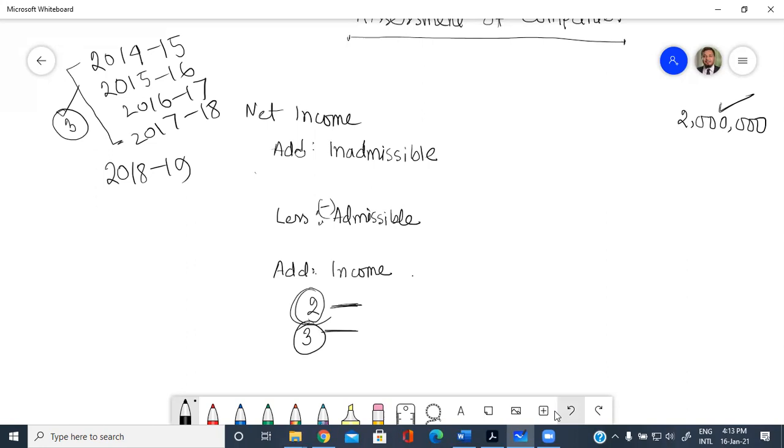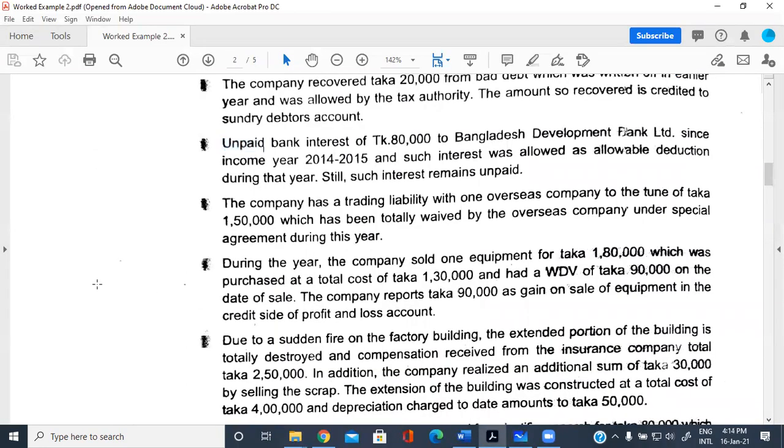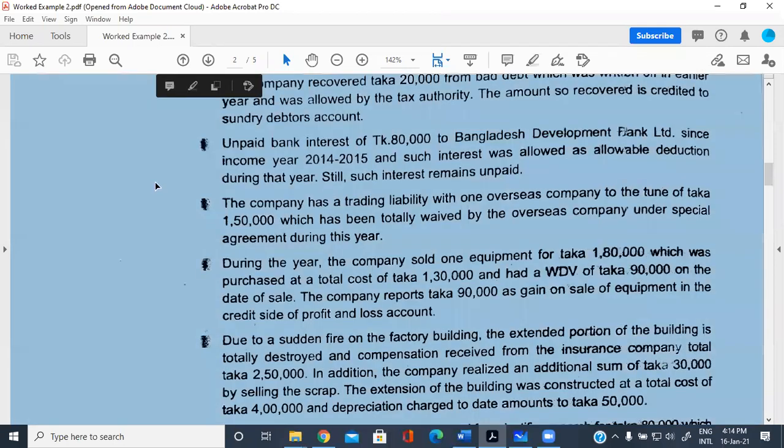Have you got it? Sir, as far as I remember, you did not mention interest in the previous class. We have not touched each and every point in the previous class. We have mentioned some selected transactions or some selected points. Okay, if you see, there is a point related to interest payable to the Bangladesh Development Bank Limited, or unpaid bank interest.